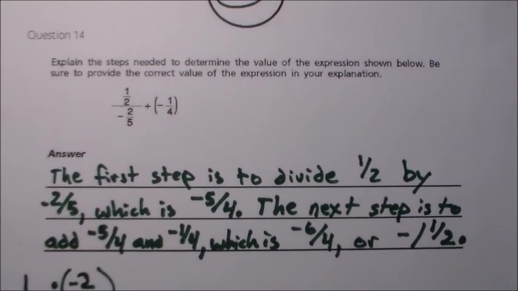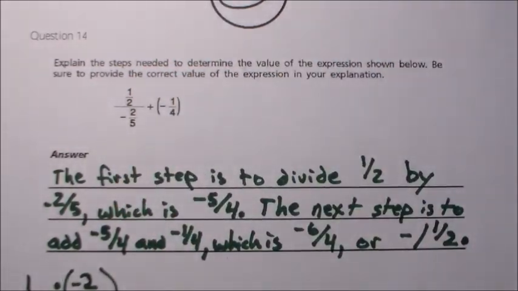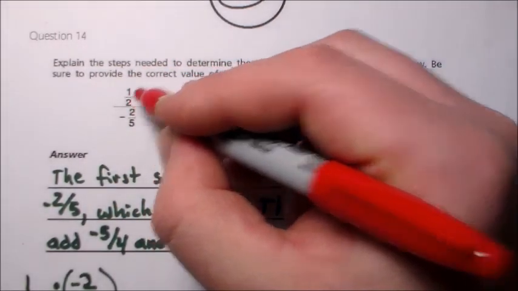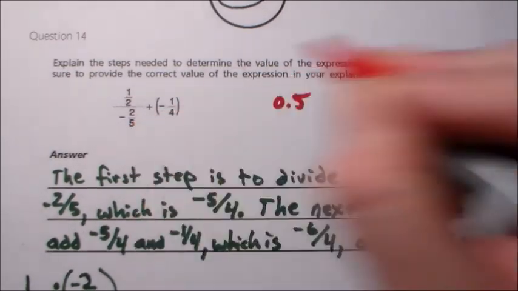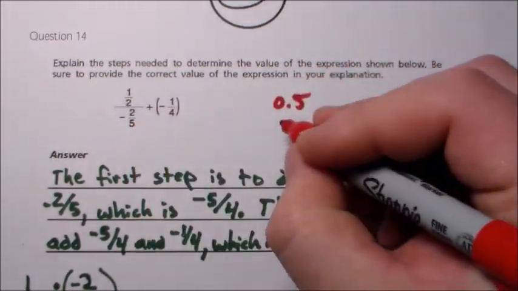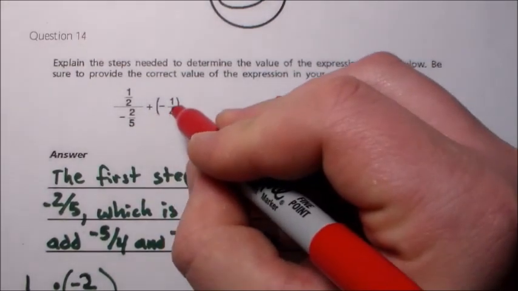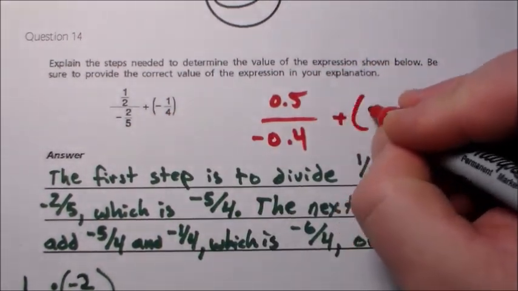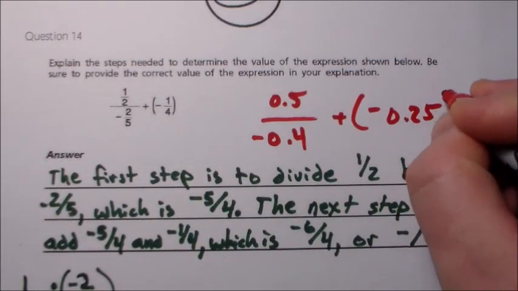Or what you could also do, if you were so inclined, is turn all of these into decimals. I'm going to take 1 divided by 2, and get 0.5. I'm going to take -2 divided by 5, and get -0.4. And plus -1 divided by 4 is -0.25.